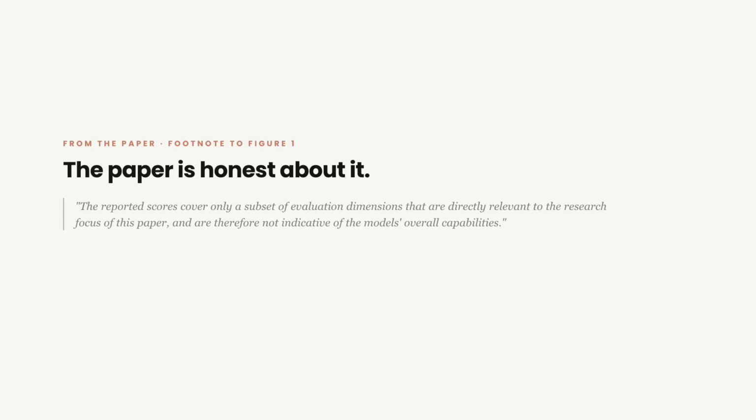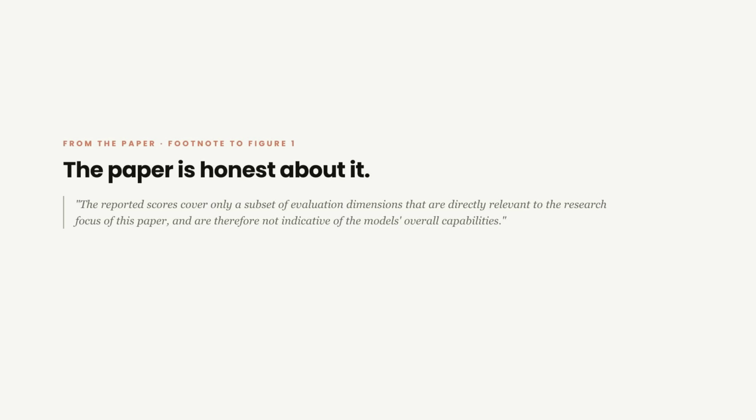Now, I want to flag something. The paper is honest about it, but a lot of coverage will skip it. There is a footnote that says the reported scores cover only a subset of evaluation dimensions that were directly relevant to the research focus of this paper and are therefore not indicative of the model's overall capabilities. So they are not claiming this beats GPT 5.4 across the board.